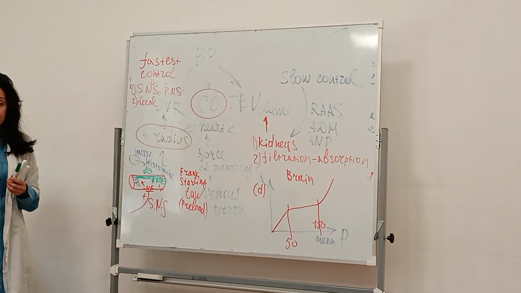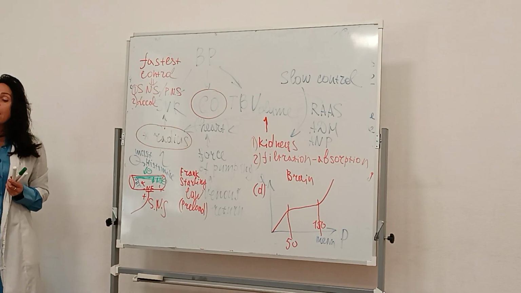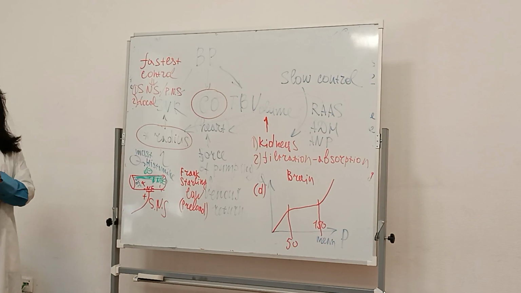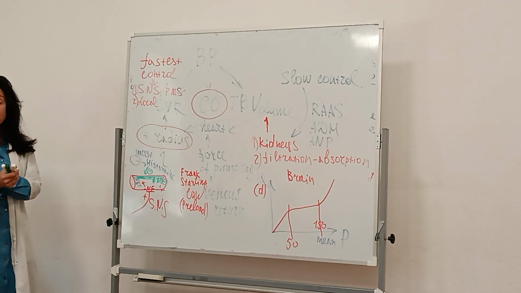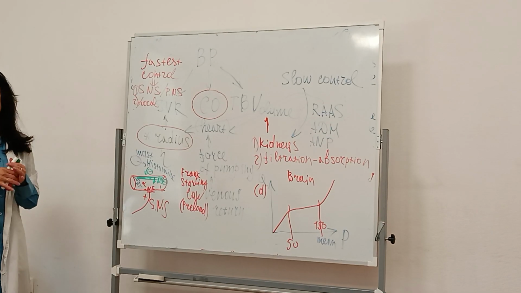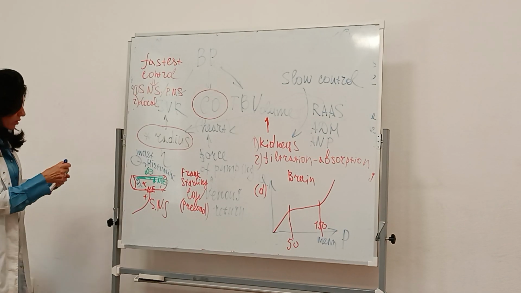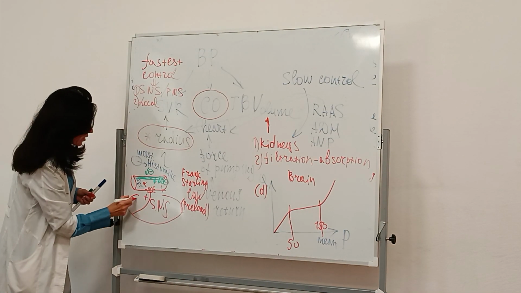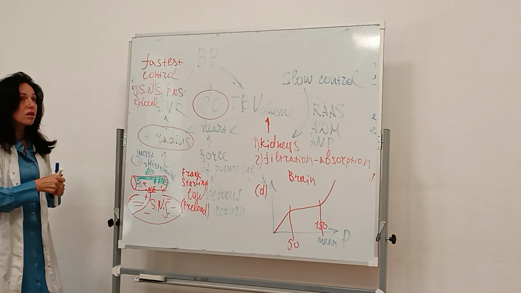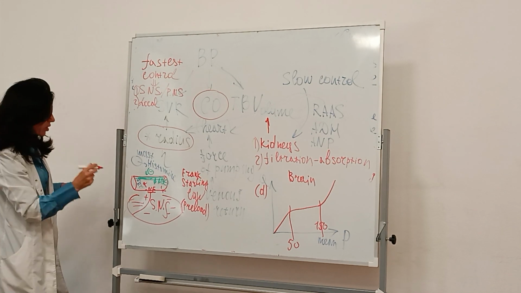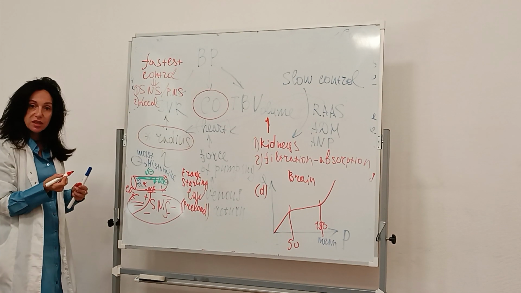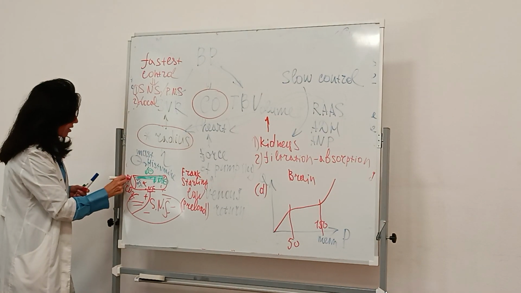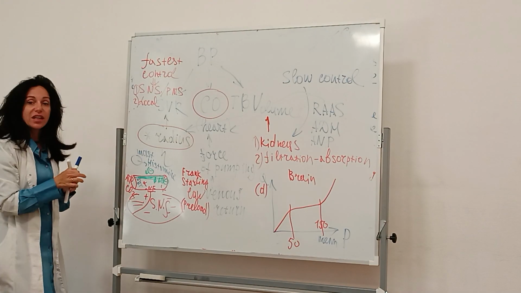And metabolites. What happens in an intensively working organ? For example, you have physical exercise for your biceps, and blood perfusion in the biceps will rise more. Why? Because an intensively working skeletal muscle releases metabolites: carbon dioxide, lactate, pyruvate, ATP. Metabolites dilate blood vessels.